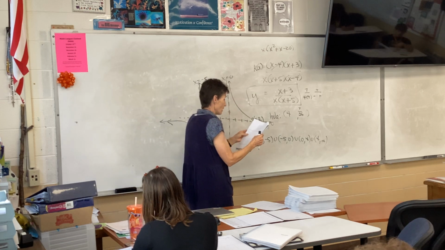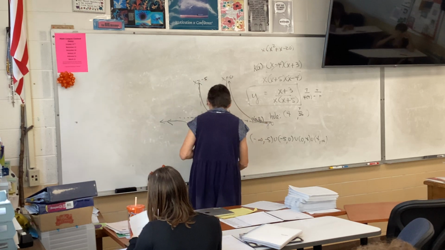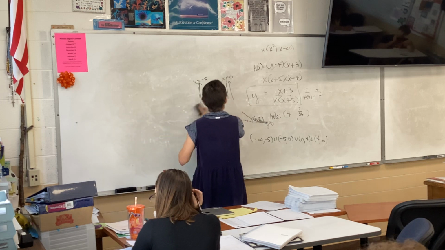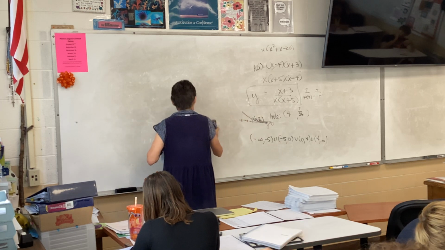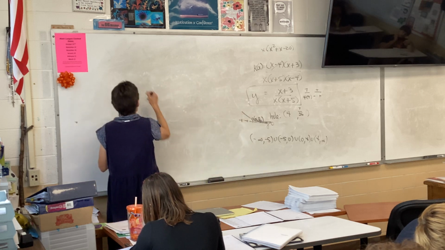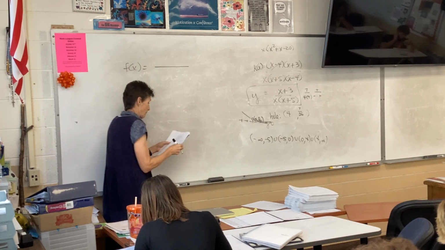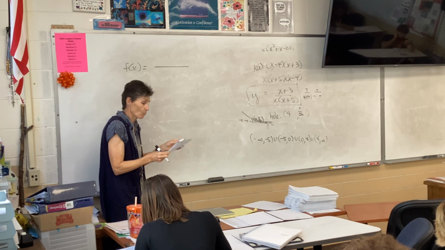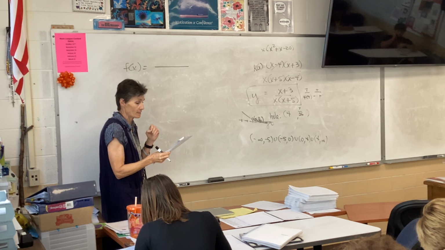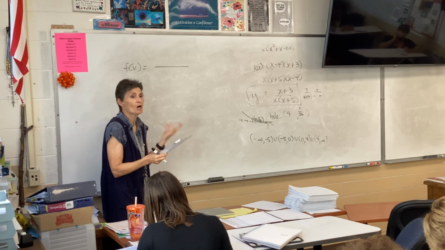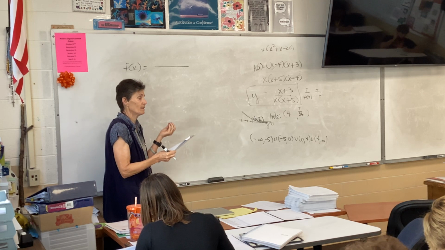Okay? All right. Let's see what we got next here. Example 4, a graph is shown above. Could you write an equation for this? So it's going to be a rational function. And we're going to write an equation for this in factored form. So what are some things we know? We practiced this a little bit the other day.